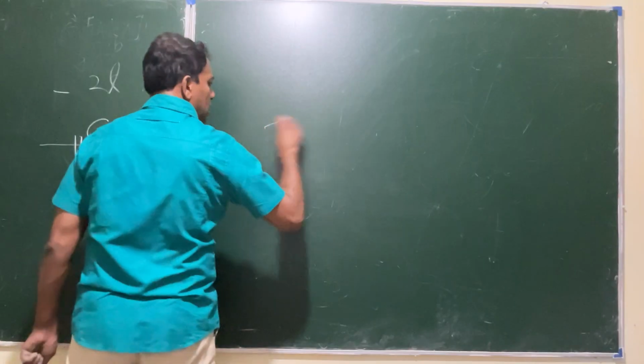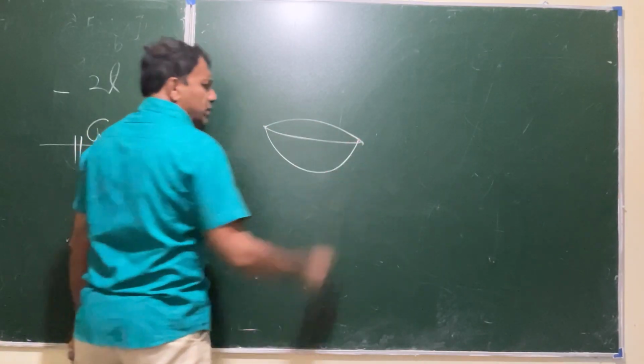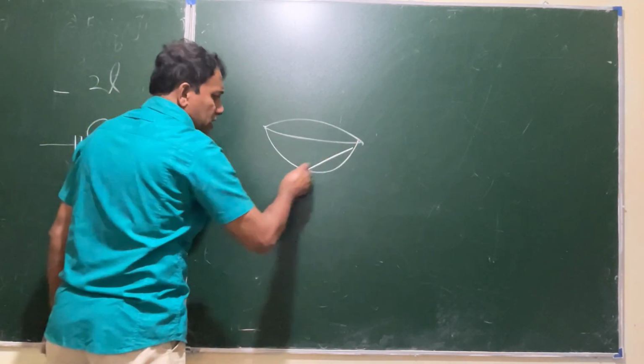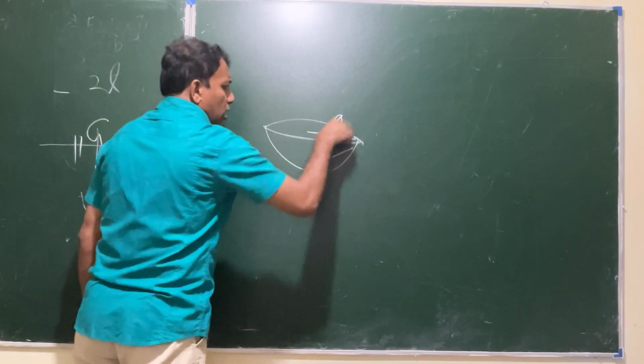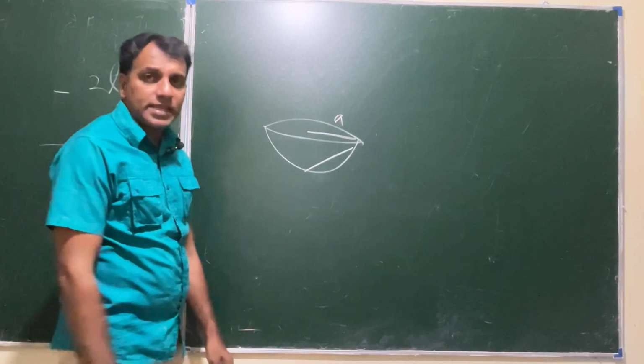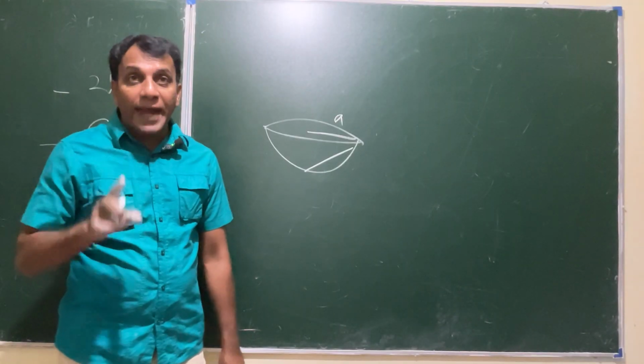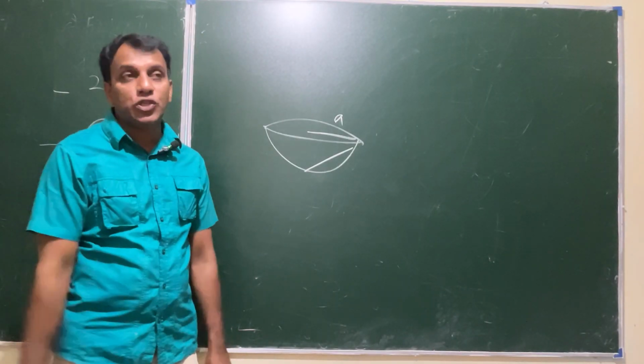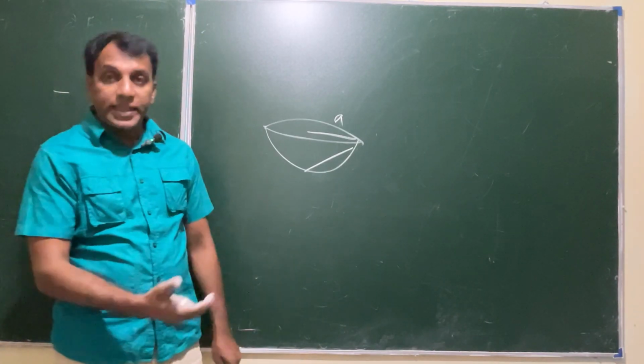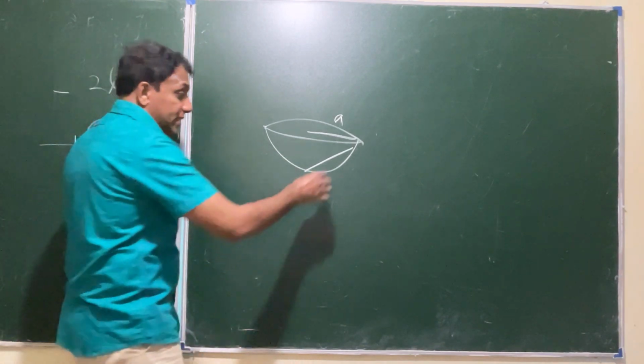A hemispherical bowl like this, of radius a, and a uniform rod is placed. But here it is placed with one end projecting beyond the edge of the bowl, the other inside, not like this.